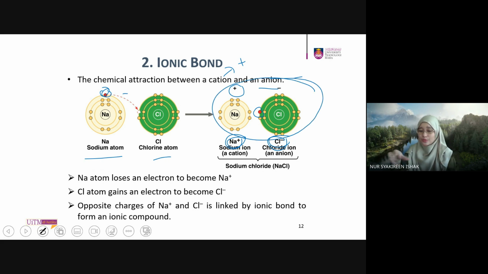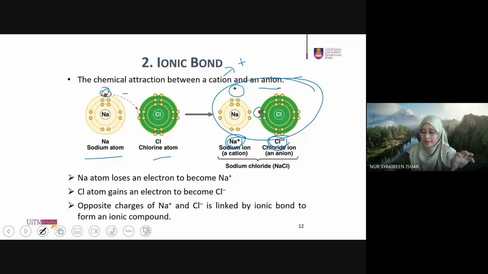Okay, so compound. So if you take salt and put it on the table, you see it as solid, right? Solid. But when you place the salt inside water, because the sodium ion and also the chloride ion have charge, it causes these atoms to be separated and attracted to water molecules, causing the salt to dissolve.